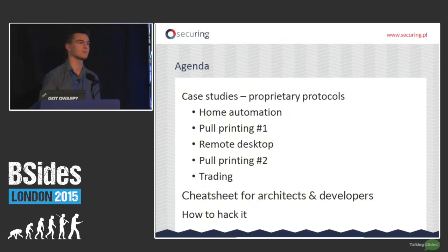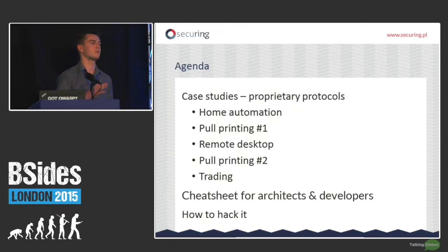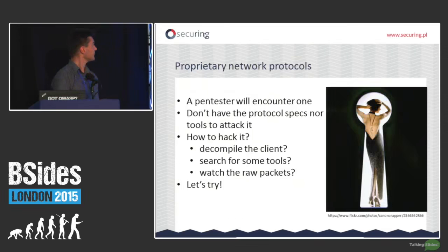I've got a few other examples if I have enough time. I would also like to show you some cheat sheets of how to develop proprietary network protocols, how to do it properly and securely.